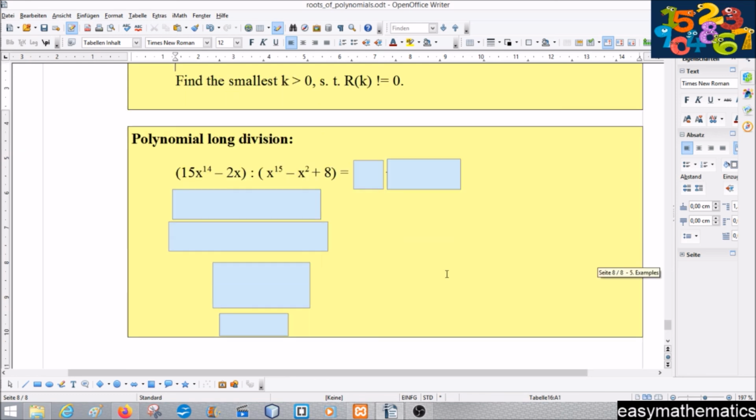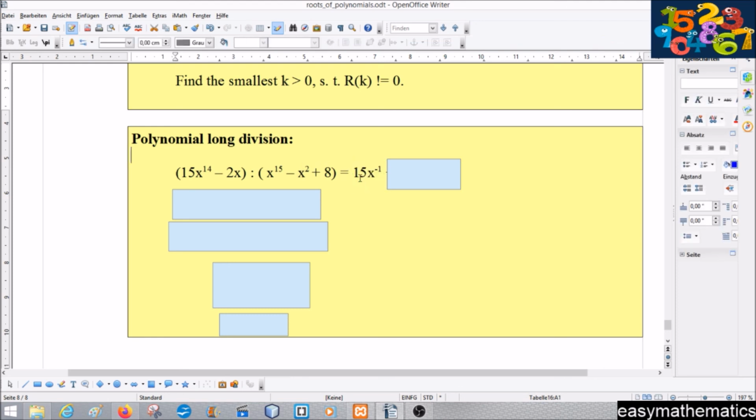We use polynomial long division as we have seen, and first we need the derivative of this function. This is 15x to the power 14 minus 2x, and now we do polynomial long division. 15x to the 14 divided by x to the 15 is 15x to the negative 1.